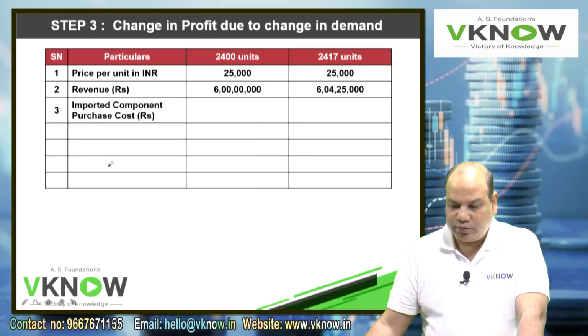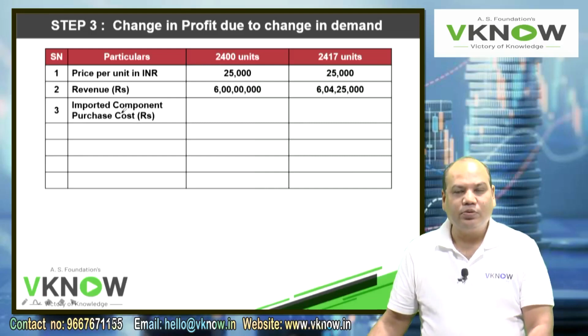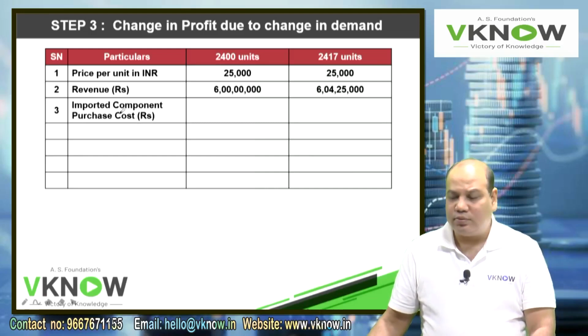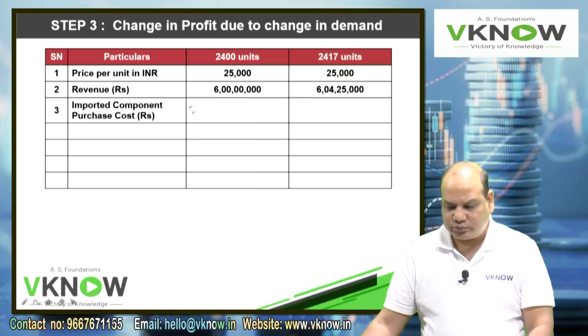Then point number 3, imported component purchase cost. So my cost has 3 elements: cost of component purchase from Singapore, certain fixed cost and certain other variable cost.